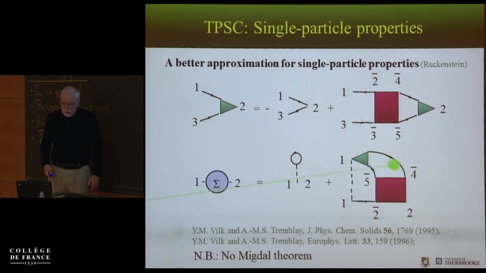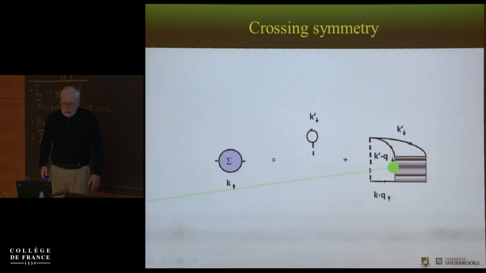written in one particular channel. If you look at the more general results, this is the fully reducible vertex. So you can decompose it in the longitudinal channel, which I just did, where you have up, up, or you can decompose it in the transverse channel, where you have up, down.